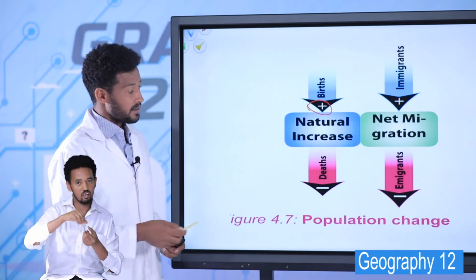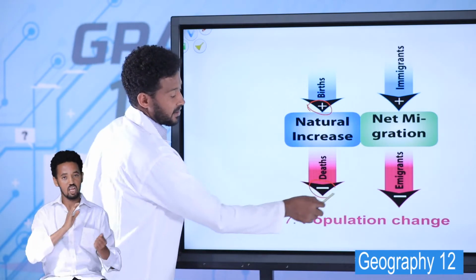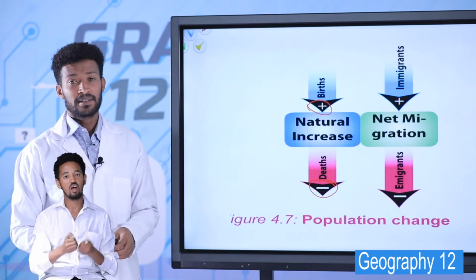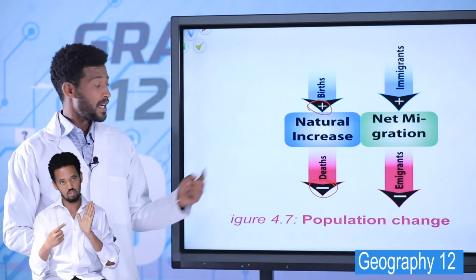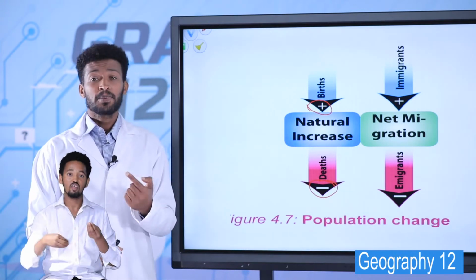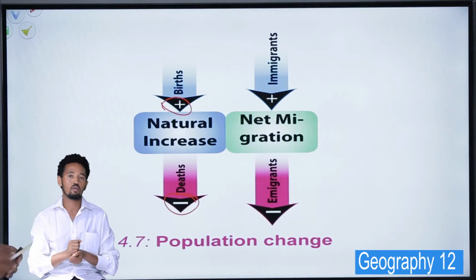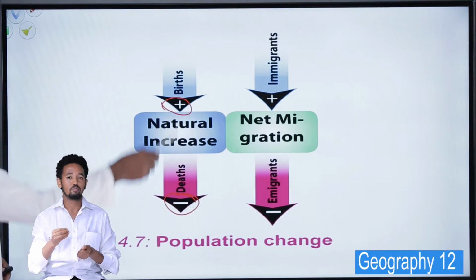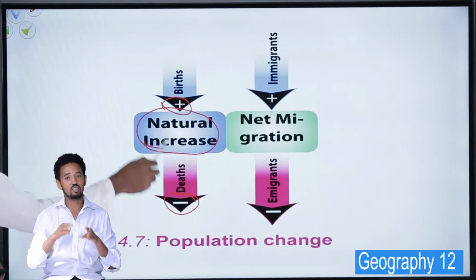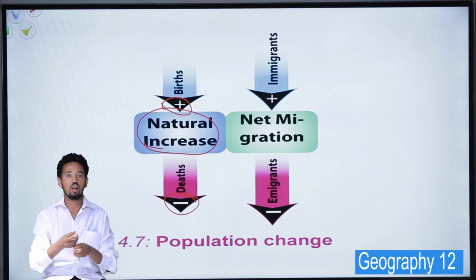In another way, death rate has a negative sign. That means if the death rate increases, the population decreases. And the balance between these two gives us the rate of natural increase.